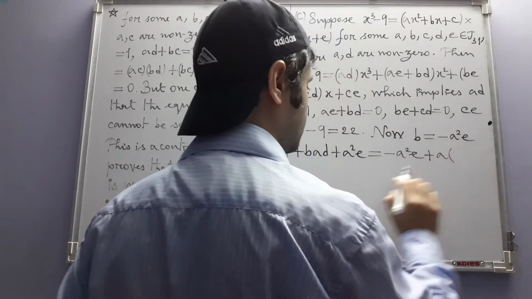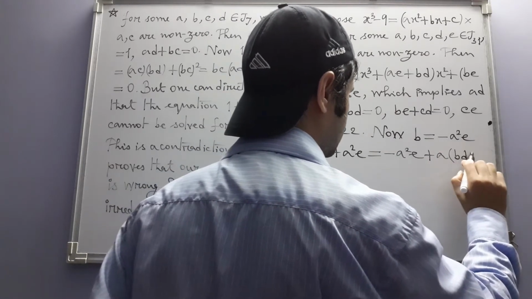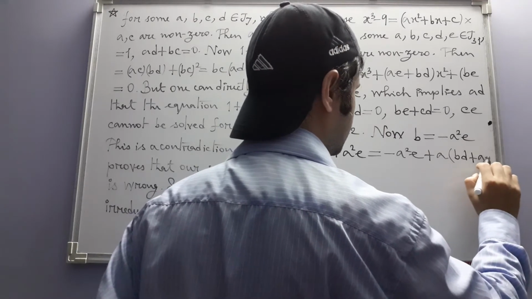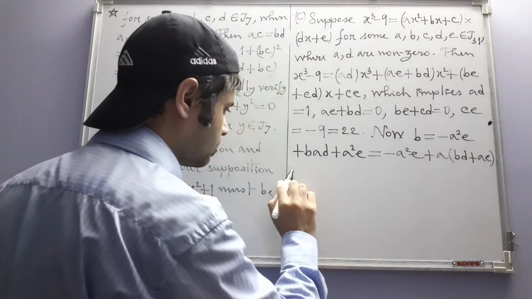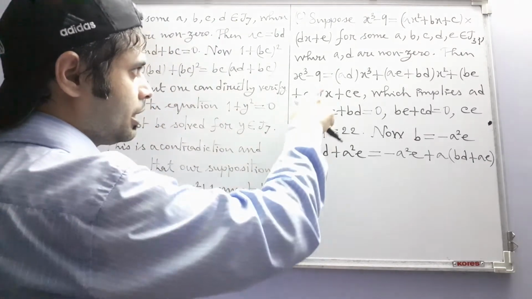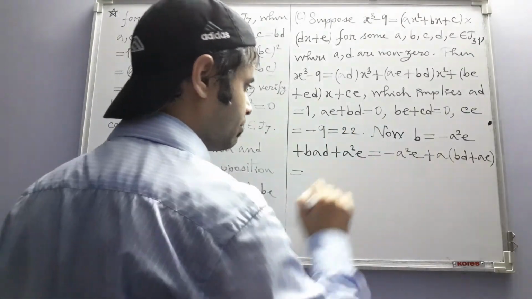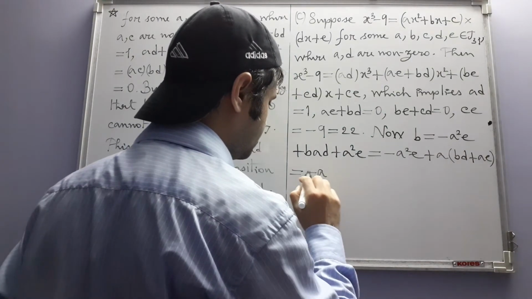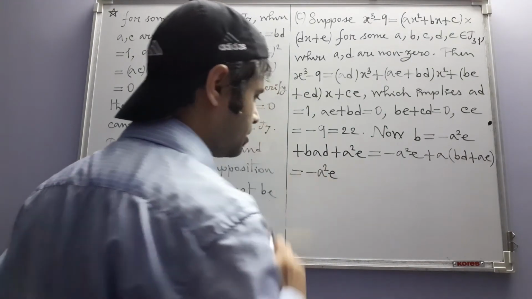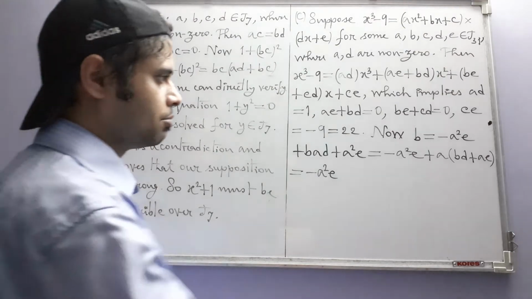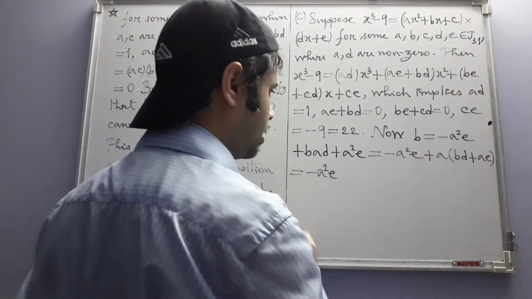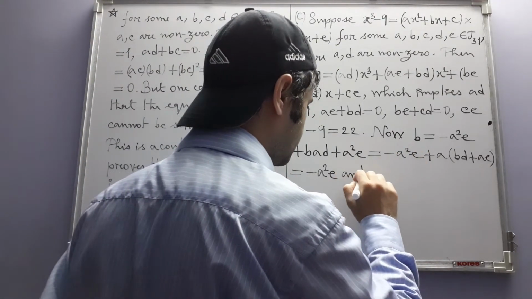Doing that we get BD plus AE. Now you can see that BD plus AE is 0, so this part will vanish and we will be left with minus A square E. So B turns out to be equal to minus A square E.